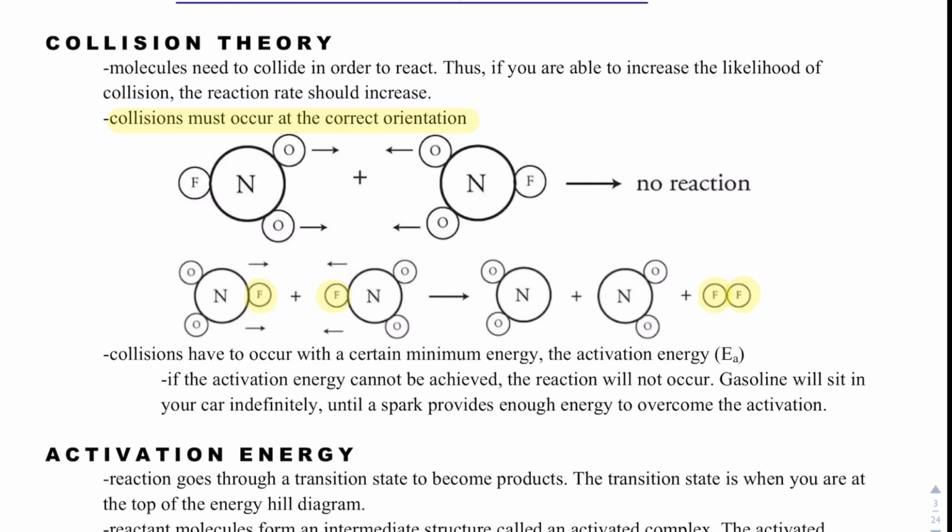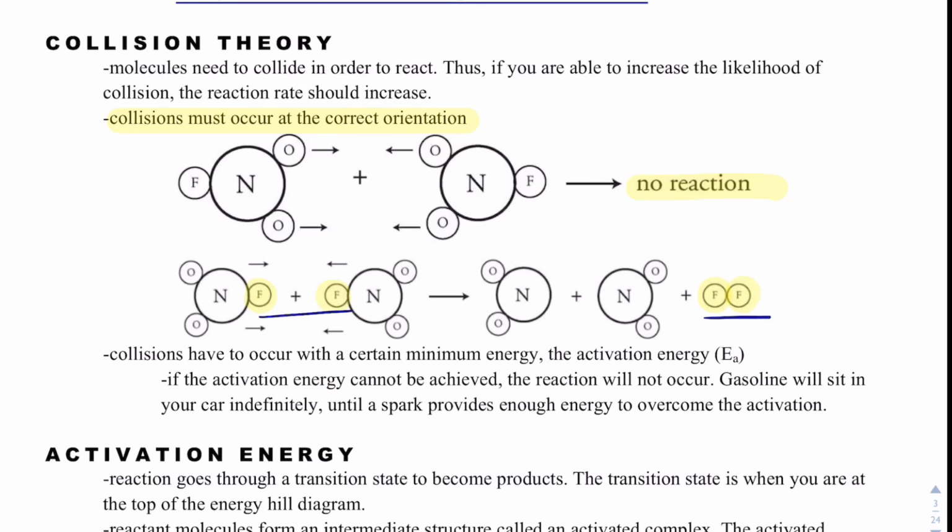So if I take this molecule and try to slam it into the other molecule in this orientation, I'm not going to get a reaction. My fluorines aren't close to each other, and so that makes sense that that's going to give us no reaction. However, if I get my fluorines really, really close together and I try to slam those molecules together, it's definitely more likely that I'm going to get my F2 product.